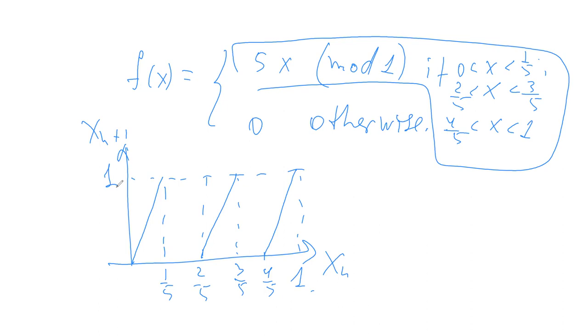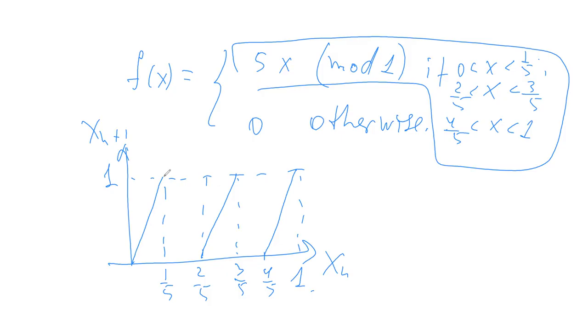And now if you do the second iterate, each of them will be multiplied by 5 again. And therefore this will get, for example, to 1 when x_n plus 1 equals 1 over 25 now, because the slope will be 25.